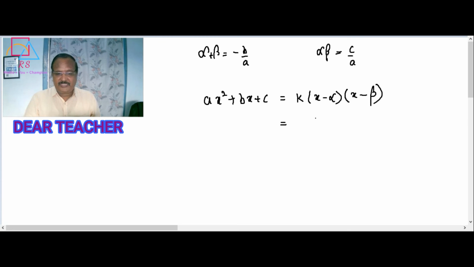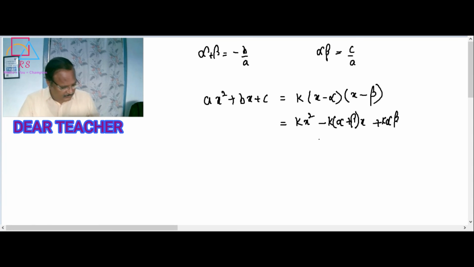If you open it, what happens? kx square minus k into (alpha plus beta) into x plus k alpha beta. Here k will be there in everything. Then a is equal to k.